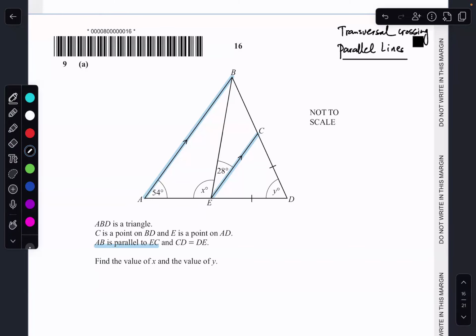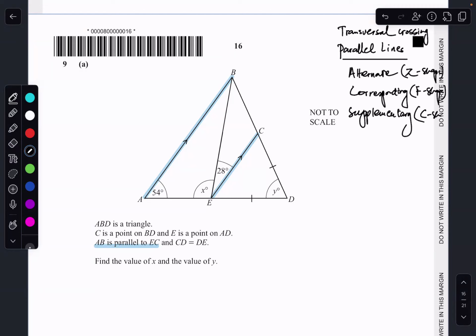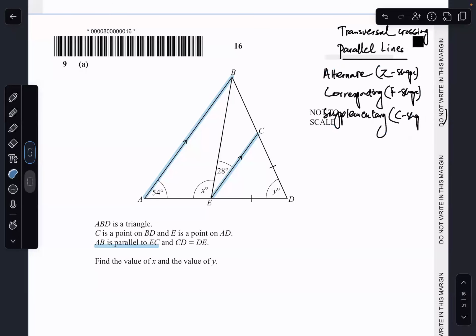We had alternate angles in the shape of Z. We have corresponding in the shape of F. and we have supplementary in the shape of C. All these.